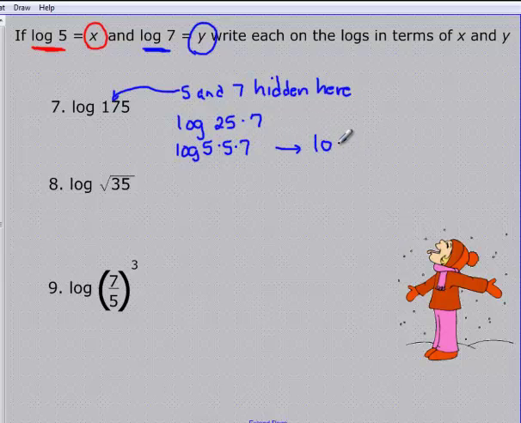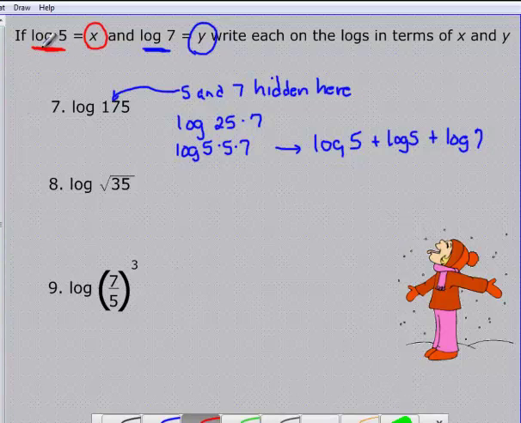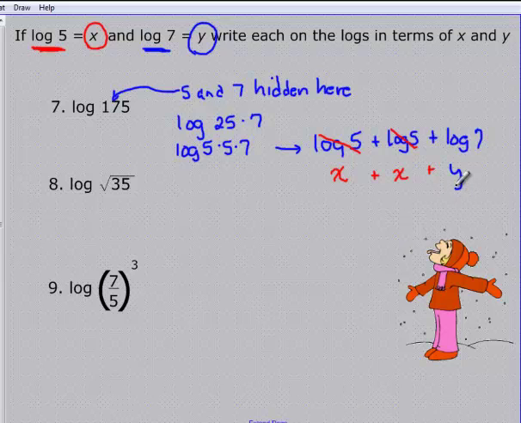So the log of 5 plus the log of 5 plus the log of 7. Hey, now I've got it. Every time I see the log of 5, I may replace it with an x. Hey, there's a log of 5. I'm going to replace it with an x. Hey, there's a log of 5. I'm going to replace it with an x. And the log of 7, they told me I could replace it with a y. So there. I rewrote this in terms of x and y.